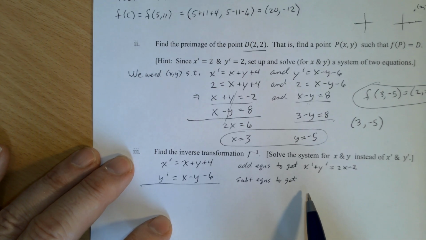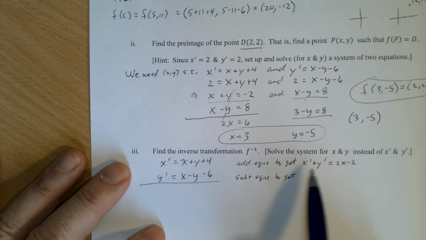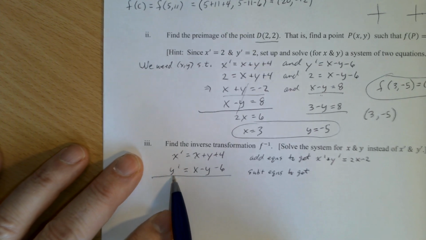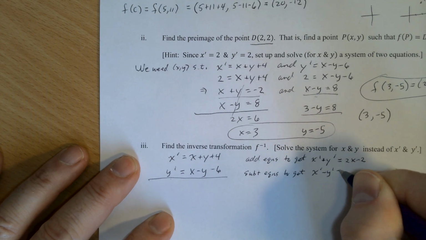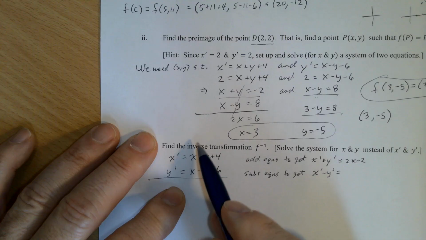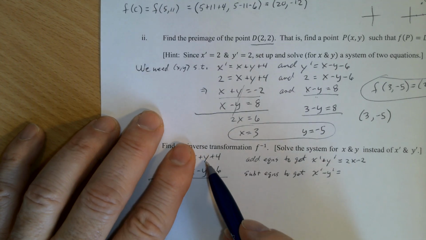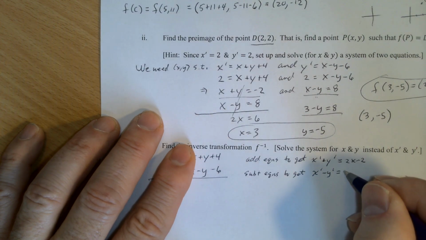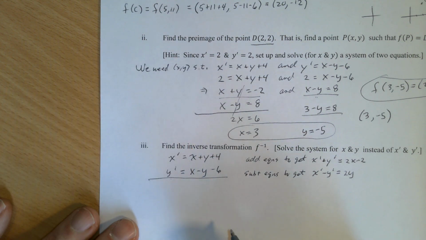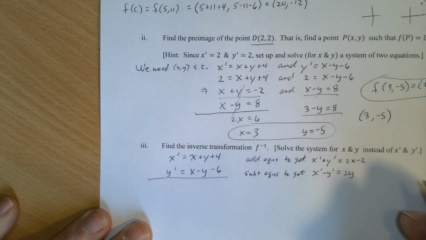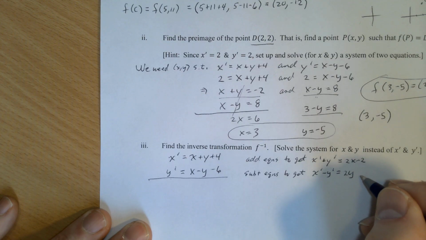Okay? So if we do the subtraction, I'm going to get x prime minus y prime equals x minus x is 0. Y minus negative y, that's going to give me 2y. And then 4 minus negative 6 is 4 plus 6, which is a 10. So let's see, plus 10.